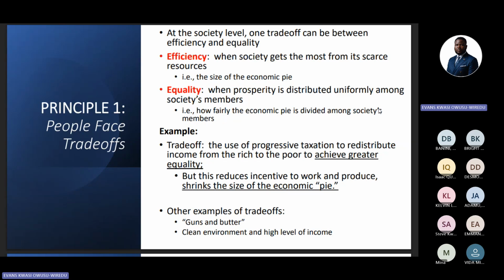Watching a football match is fun, but it is a trade-off because you could have used that time to attend a lecture like economics class, or study to get a better grade. So this is it: work versus rest. Do you work or you rest?